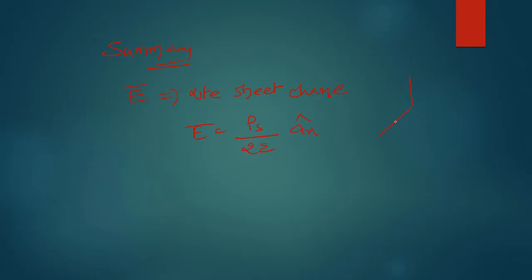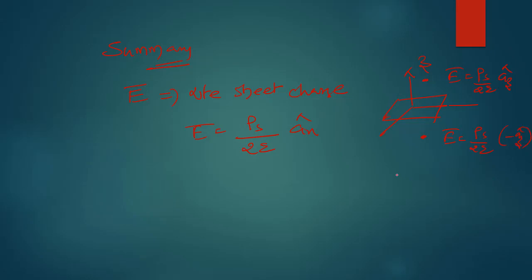If your sheet is on the xy plane, and you want to get the electric field above the sheet, that means the z axis, the electric field direction is given by a z cap. For example, if your observation point is below the xy plane, again the electric field is perpendicular to the sheet only, but here you will end up with the minus a z cap.